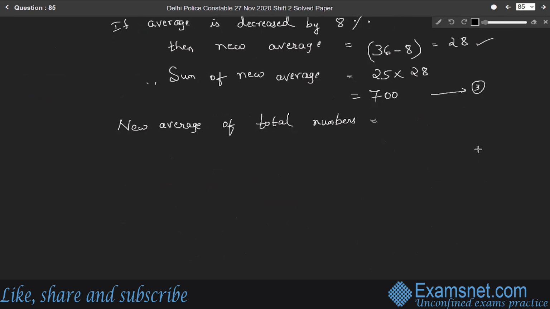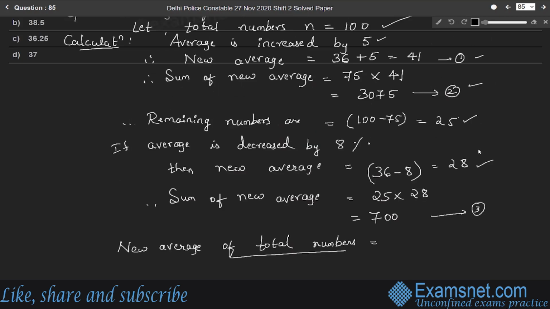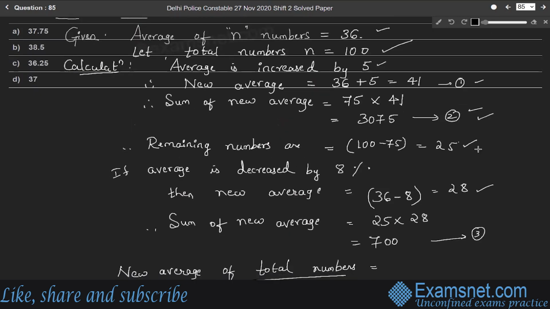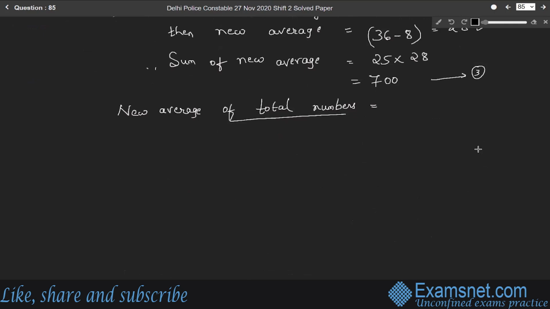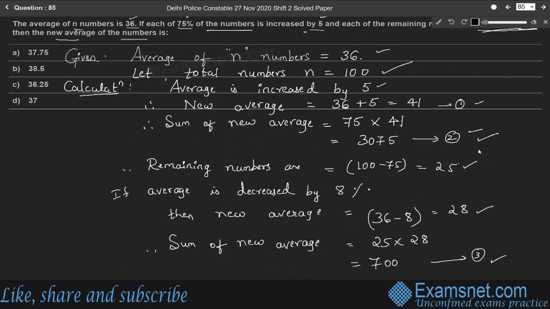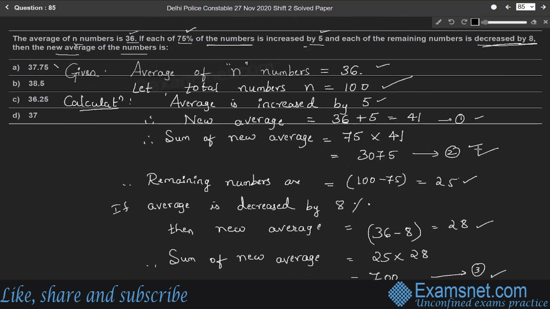Therefore, the new average of total numbers is equal to 3075 plus 700, divided by 100, which is equal to 37.75, right? Therefore, the answer is option A, 37.75.